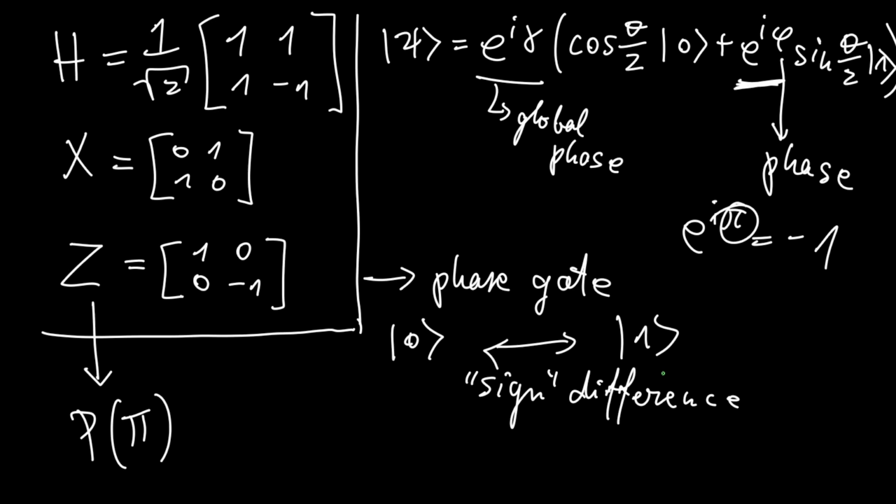So another gate that I forgot to mention is the CNOT gate, also an important one. I'm gonna write it like this. 1 0 0 0, 0 1 0 0.